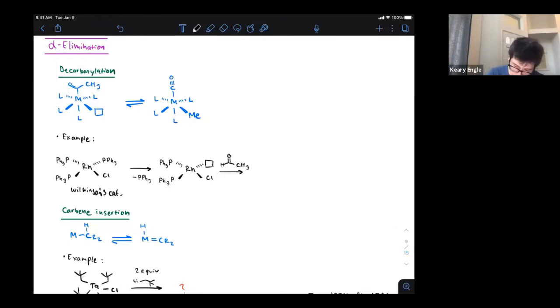I'm asking you to think about what's happening in this step. First, you lose a triphenylphosphine, and now you have an aldehyde present. What do you think might happen?